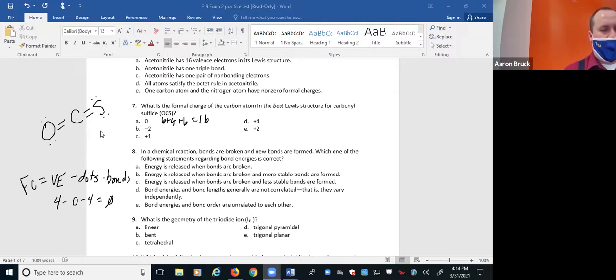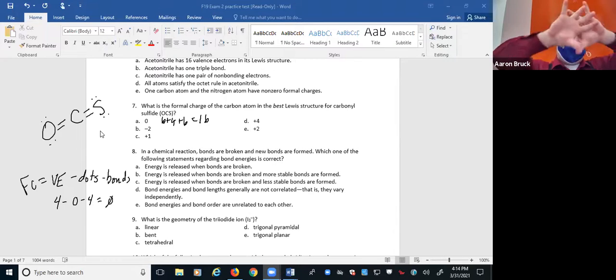So of the concepts that we did talk about at the end of that chapter 4, those two concepts there at the end were the things that we focused the most on. And so if you do see a question like that on Monday, it's going to be in that line of thinking, not in terms of overall energetics, but more in terms of what are the relationships between bond energy, bond length, bond strength, bond order.